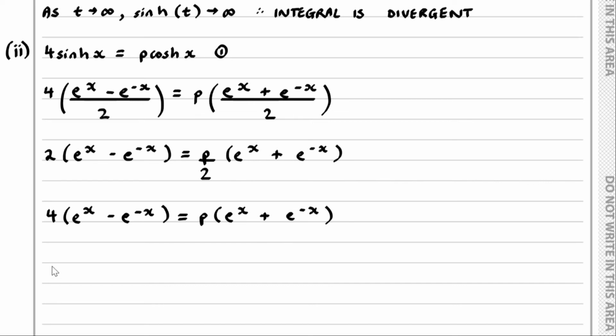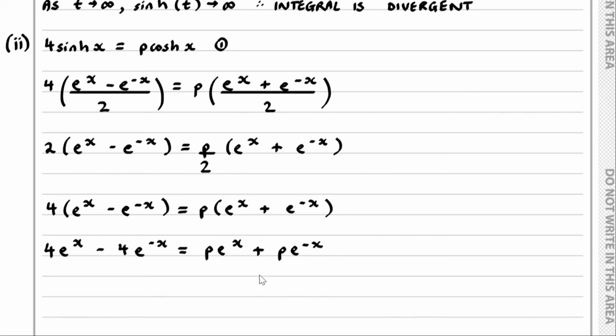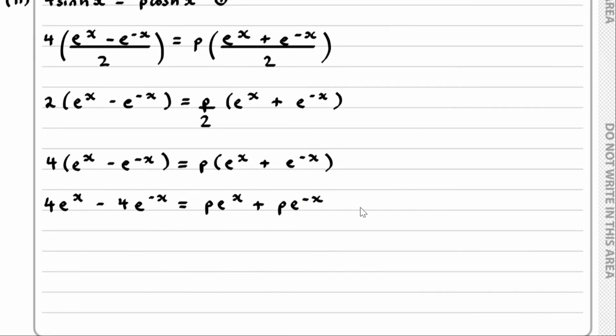So, expanding on both sides, we have 4e to the x minus 4e to the minus x equals pe to the x plus pe to the minus x. And if I multiply each term by e to the x, that means I've got 4e to the x times e to the x, so that's 4e to the 2x. Then I've got minus 4 times e to the negative x times e to the x, so that's just minus 4.